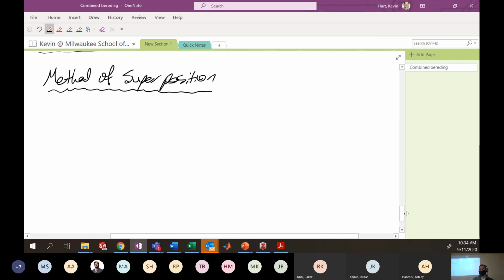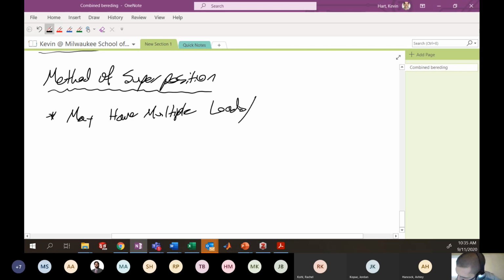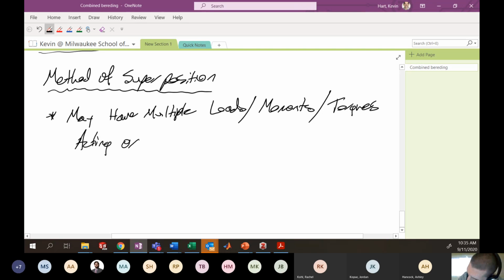So if you have multiple loads on a beam, you're going to have to enact the method of superposition to get combined loading to go. So generally, you may have multiple loads, moments, and torques acting on a member.